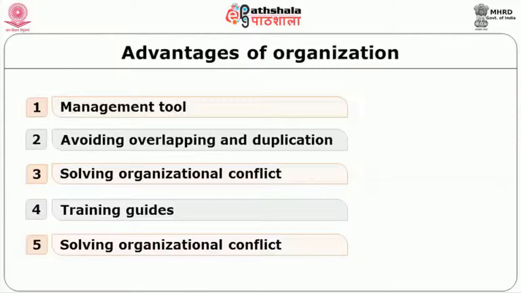The third advantage is that it helps us to solve organizational conflict. It is observed that in every institution there is a hierarchy, and then everybody's work is nobody's work. So when we are organizing, we are in the process of giving authority to an individual.